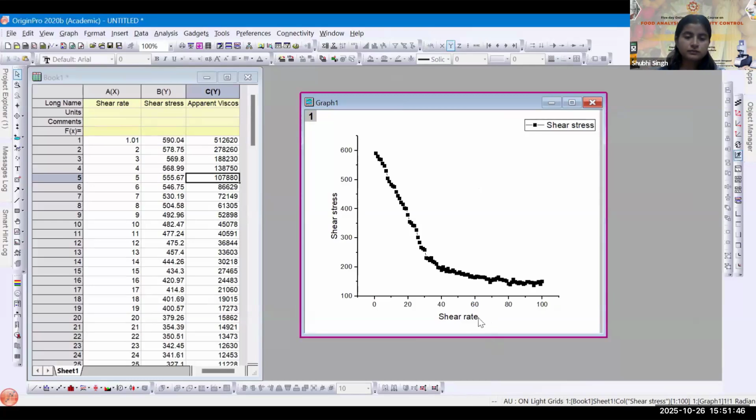Basically, a shear thinning fluid is like, for example, ketchup and oil. Generally, ketchup will not come out of the sachet until we press it, until we give some shear.